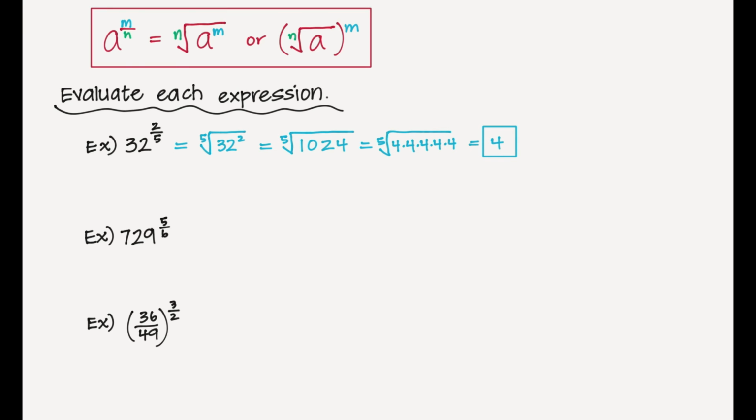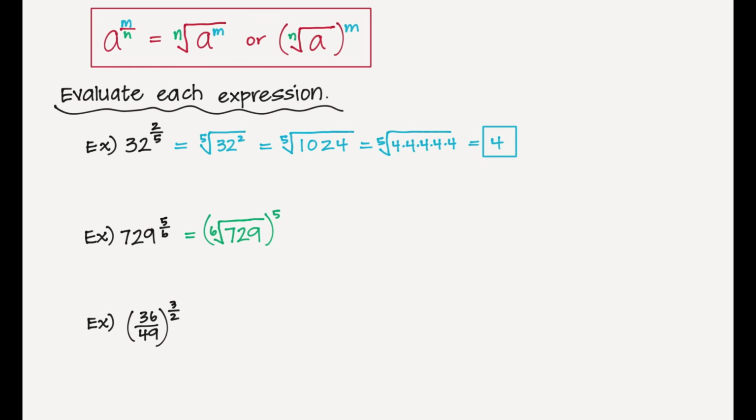My preference is actually using the second method from up above. So for our next one, we have 729 to the 5/6 exponent, which means we're going to take the sixth root of 729. And once we figure that out, we're going to put it to the 5th power.